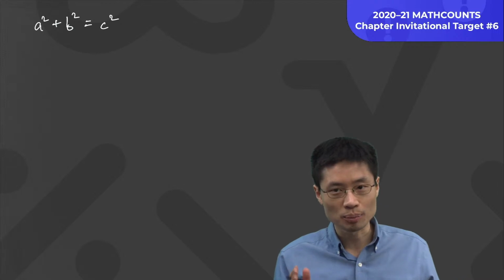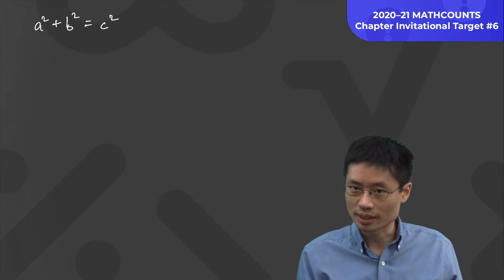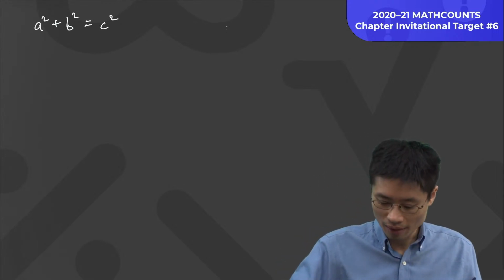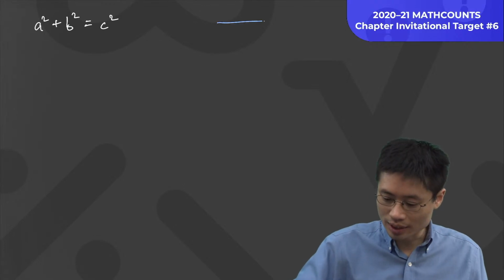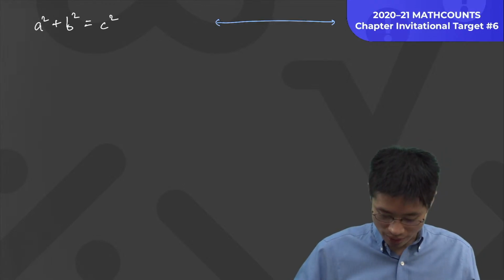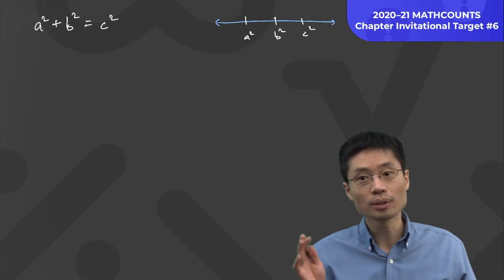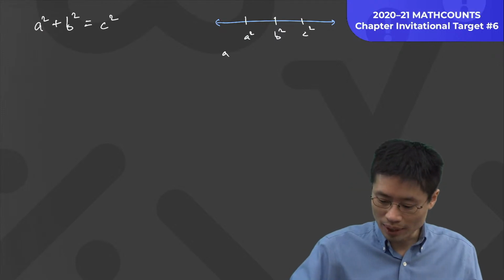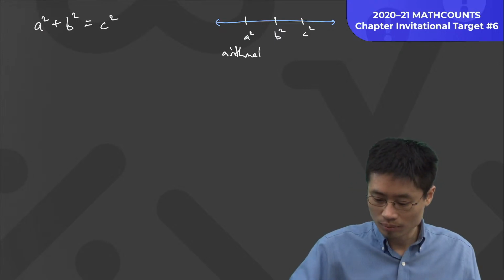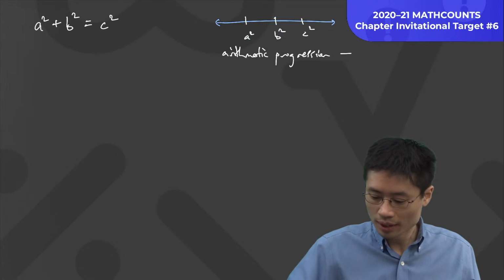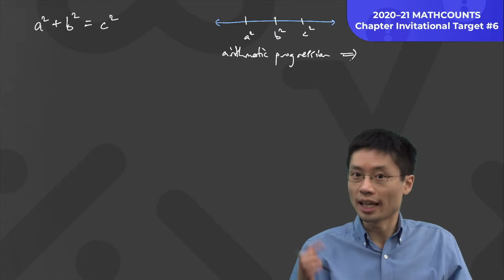Now, how would I express that a squared, b squared, and c squared are in arithmetic progression? This is actually something I learned when I was a PhD student, but this trick is neat. If there's an a squared here, a b squared here, and a c squared here, and they're equally spaced, arithmetic progression tells me that b squared is the average of those two.